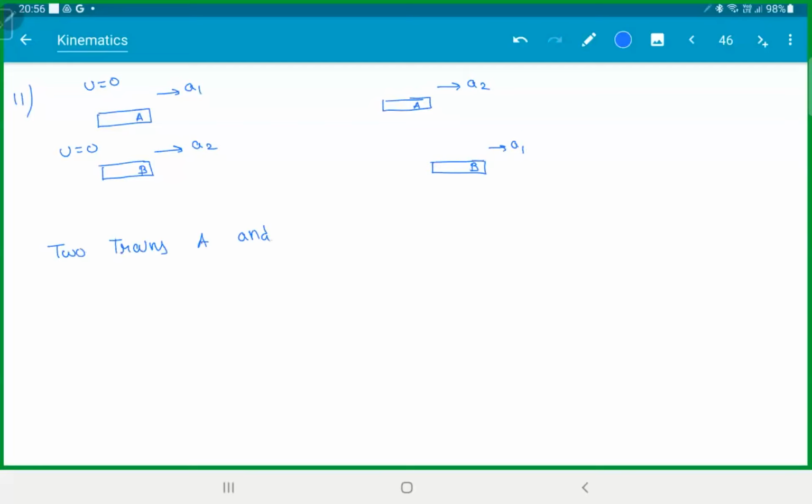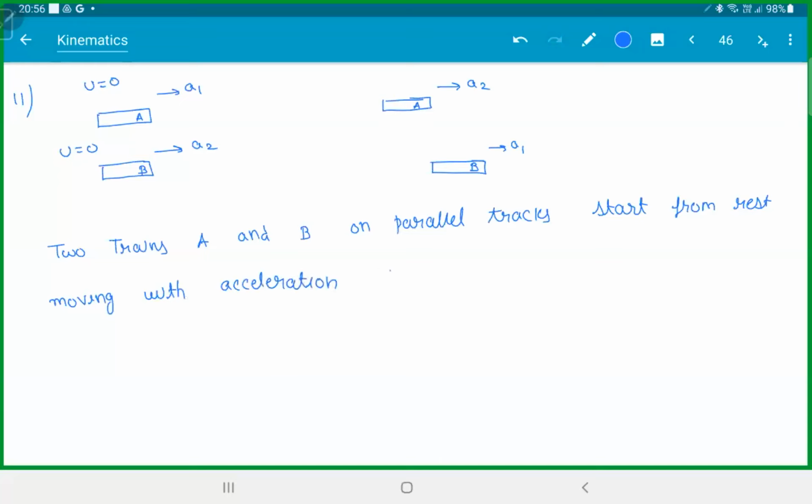Two trains A and B on parallel tracks start from rest, moving with acceleration A1 and A2 for time t.